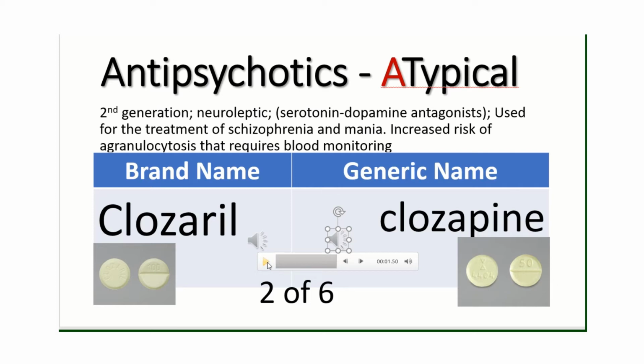Clozaril and clozapine are atypical antipsychotics, second generation. There is an increased risk of agranulocytosis that requires blood monitoring. Clozaril and clozapine treat schizophrenia and mania.